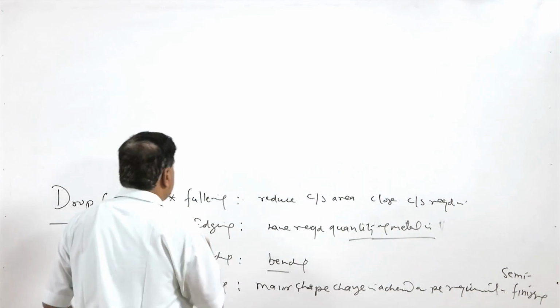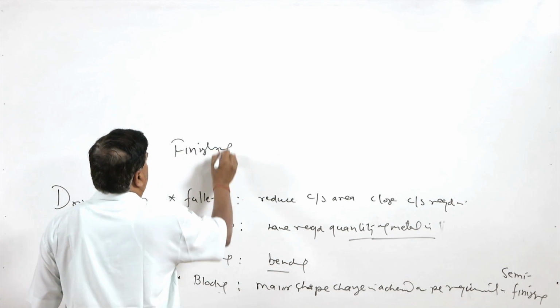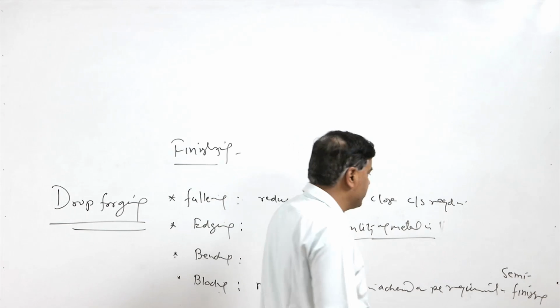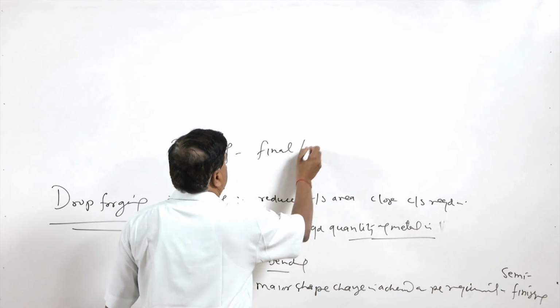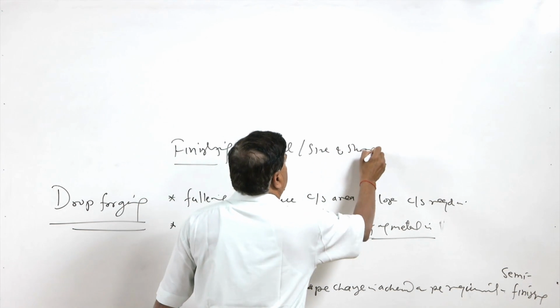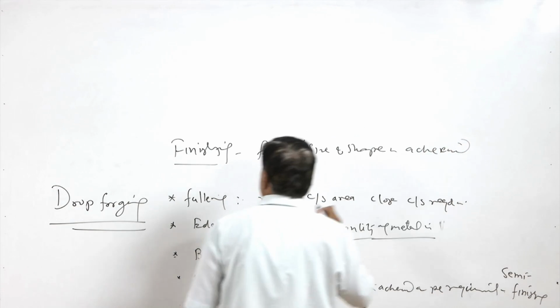So, this is basically the semi-finishing step. After the blocking, when the major change in the shape is achieved as per the requirement, the final size and shape is achieved in the finishing stage.